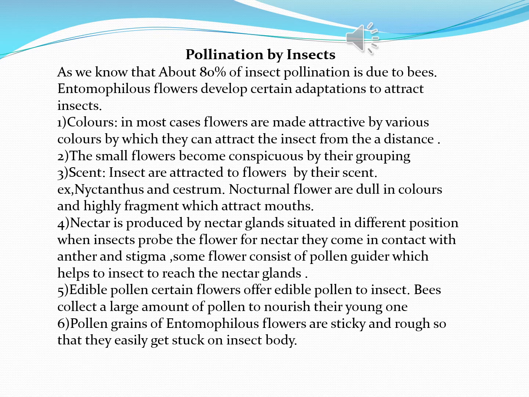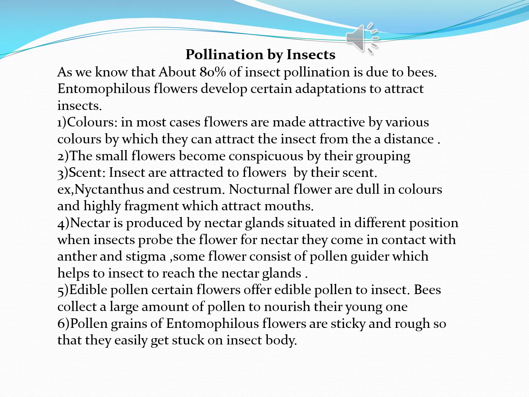Next one is nectar. Nectar is produced by nectar glands which are situated in different positions. Nectar is a kind of food for the insects, so the insects enter into the flowers to collect the nectar.